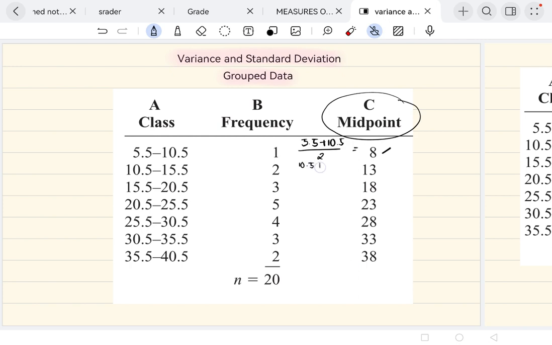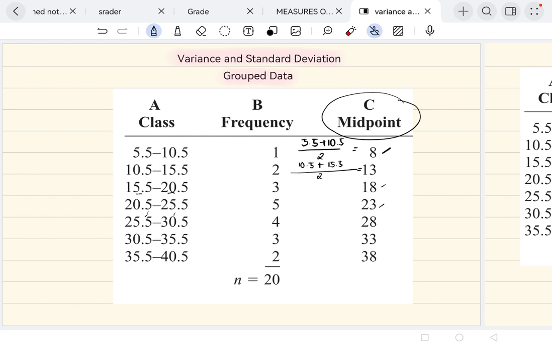Next is 10.5 plus 15.5 divided by 2. That is 26, divided by 2, that is 13. Next, 15.5 plus 20.5, that is 36, divided by 2, that is 18. Next, 20.5 plus 25.5, that is 46, divided by 2, that is 23.